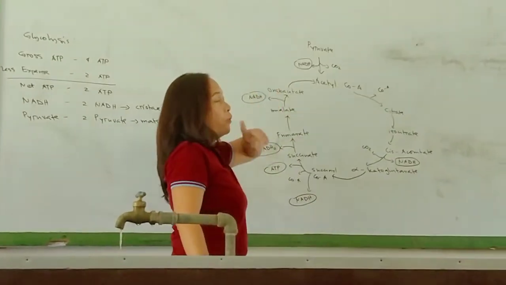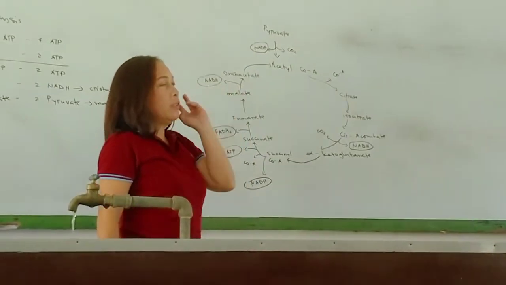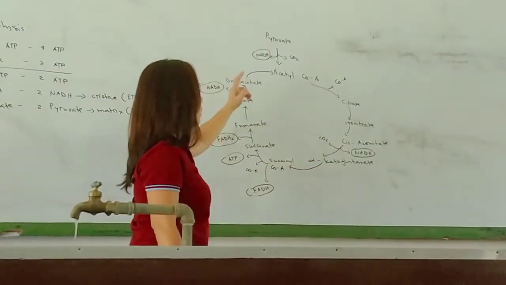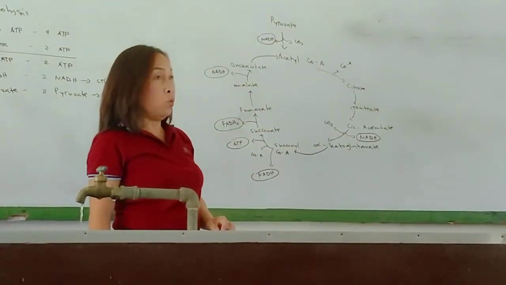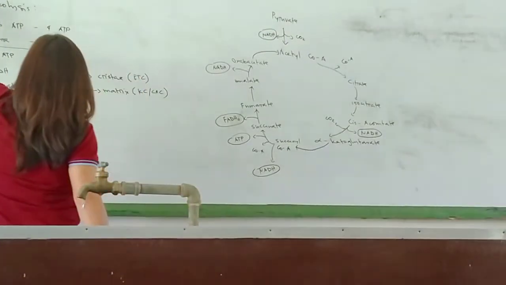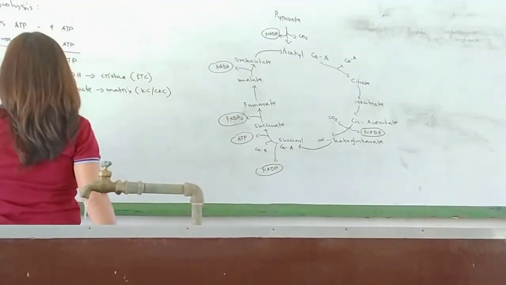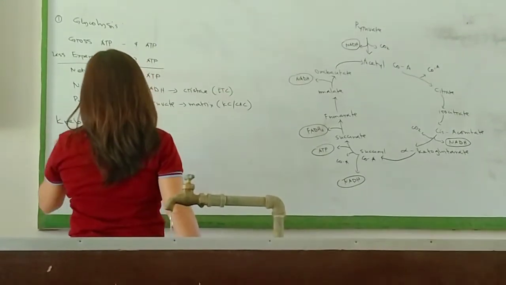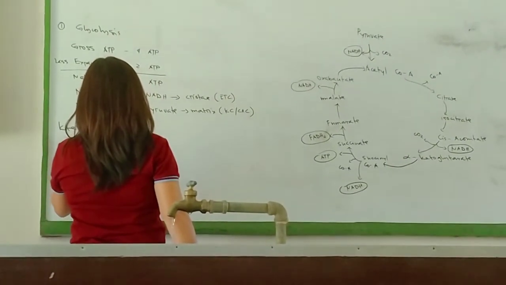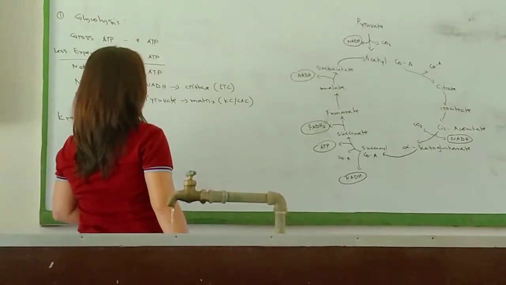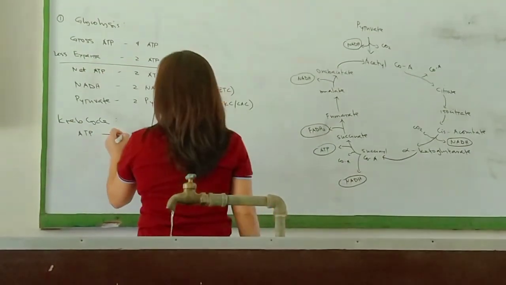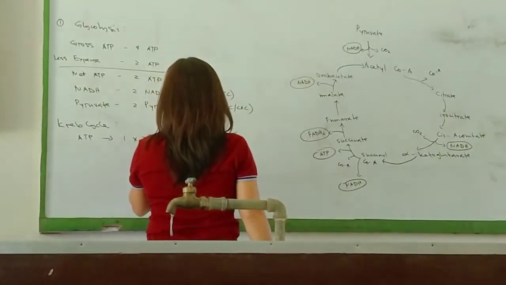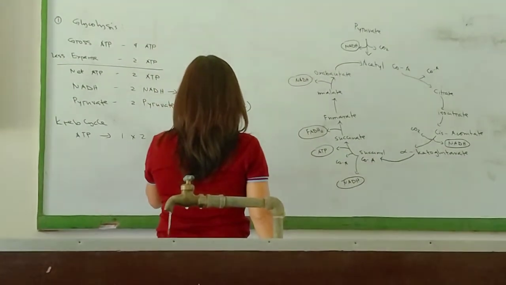Since 1 molecule of glucose gives you 2 pyruvate molecules, whatever is the product here will be multiplied by 2. So for Krebs cycle, how many ATP molecules were produced? 1. 1 times 2 equals 2 ATP.